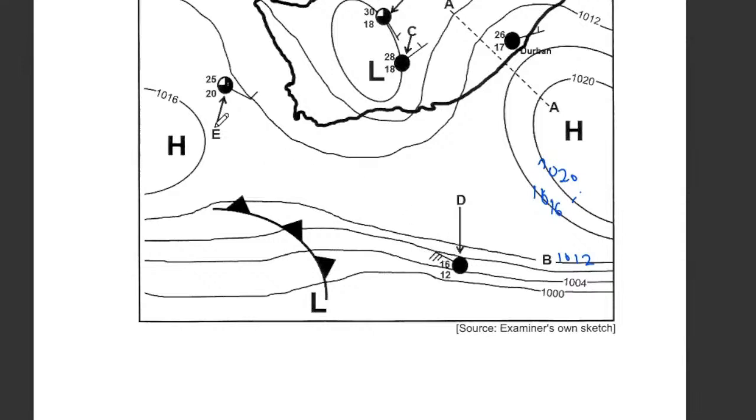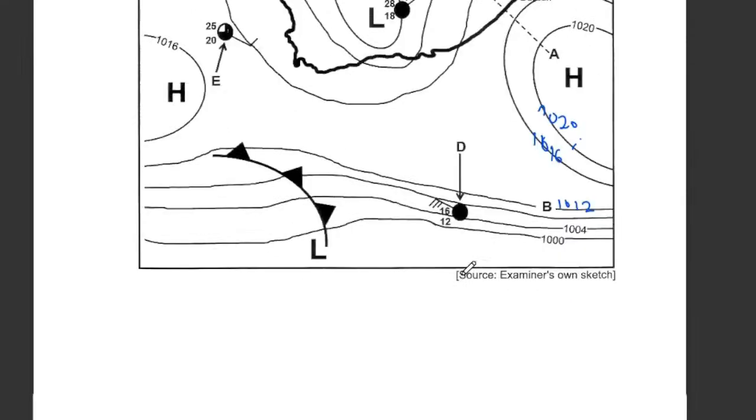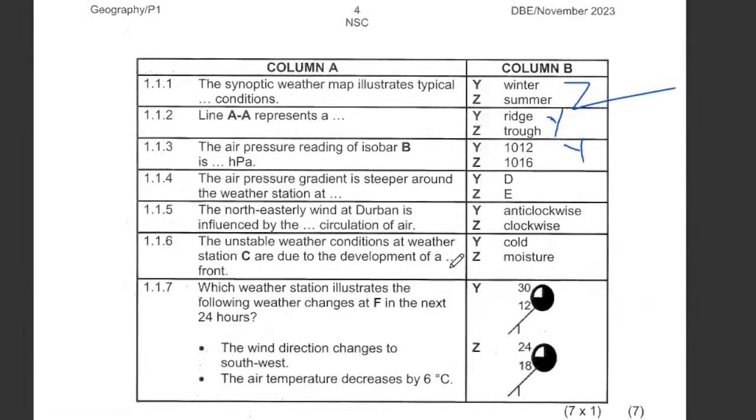It's 25, yet here is 10. So if you try to use the isobars, since they are so close to each other, that means the gradient is steep and the speed is high. Therefore, D becomes the answer. And D is for Y. Okay. D becomes the answer, and the answer here is Y.